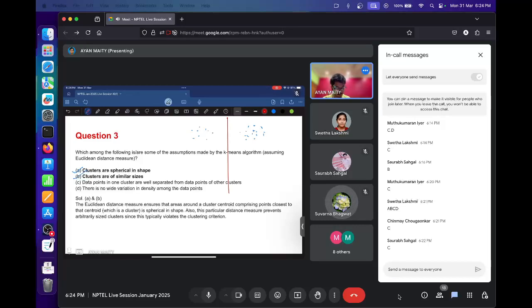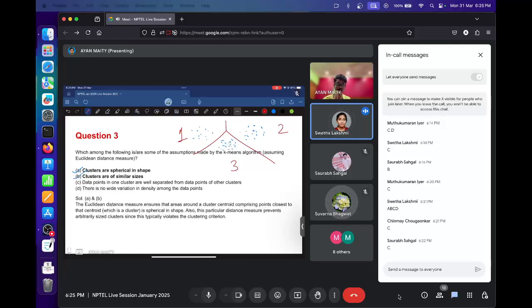If you have three such clusters, for example, some other set of points, so there are three clusters now, in that case it would divide the whole region or the 2D plane into three equal parts. This is the first region, this is the second region, this is the third region. So it assumes that the clusters should be of similar sizes and divides the whole Euclidean space, or the 2D space, into equal parts. So that is another assumption made.